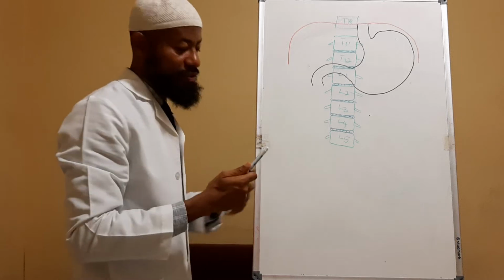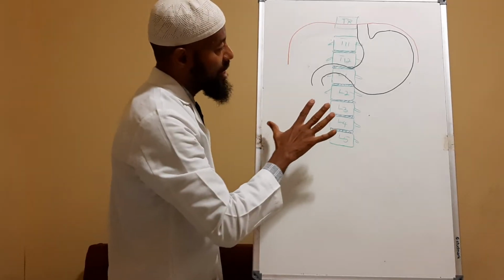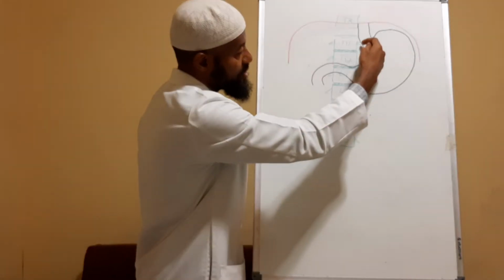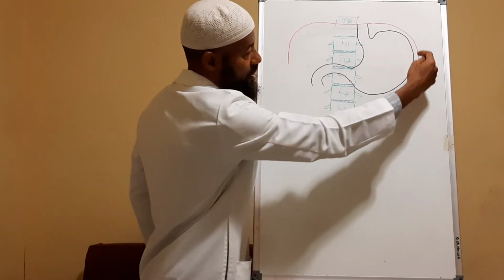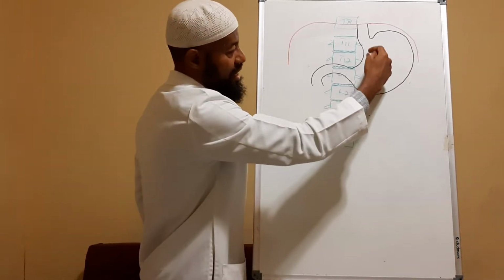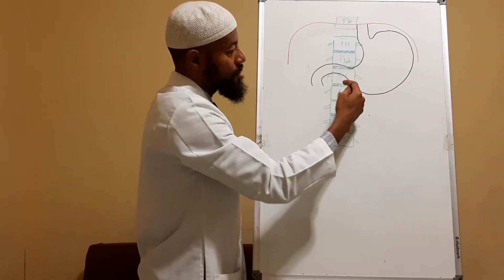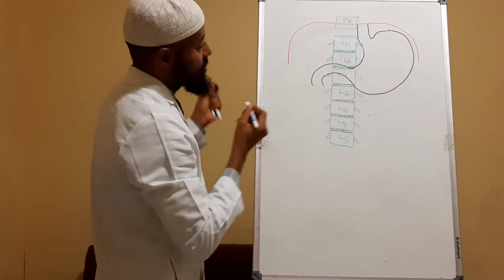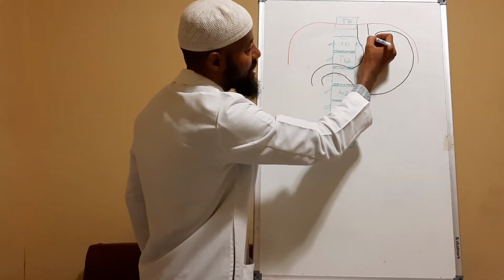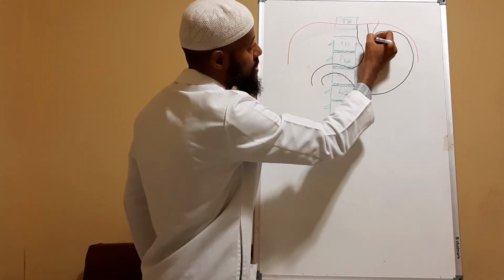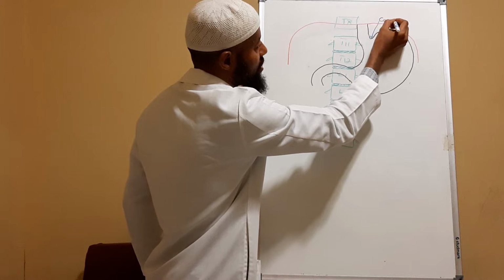Now look at the parts of the stomach. The stomach has a lesser curvature and a greater curvature. That's the lesser curvature of the stomach, and this is the greater curvature. And here is the cardiac notch.